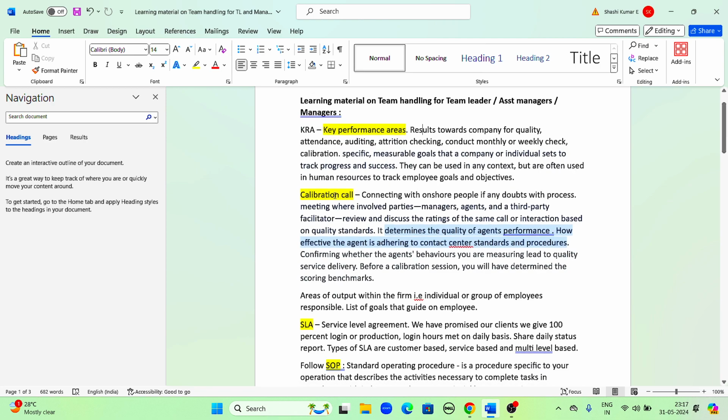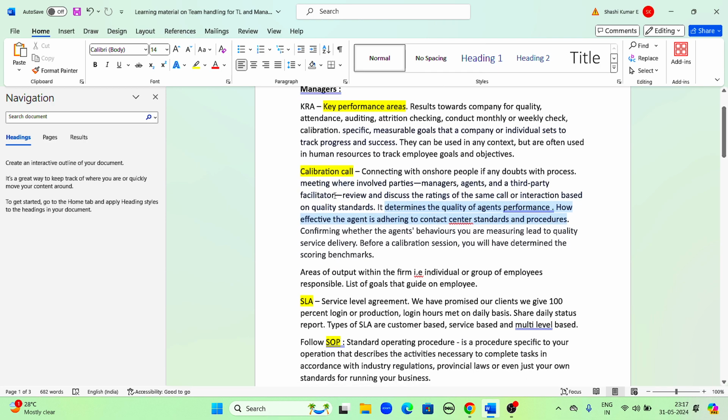And calibration I mentioned, so let's talk about this calibration. It's actually connecting with the onshore people in case of any queries related to the process, or giving any inputs or ideas. So we'll be discussing it with the onshore or client people in the US. It might be a weekly call or monthly call, or a scheduled meeting with people across different countries, depending on the branches where the process is held.